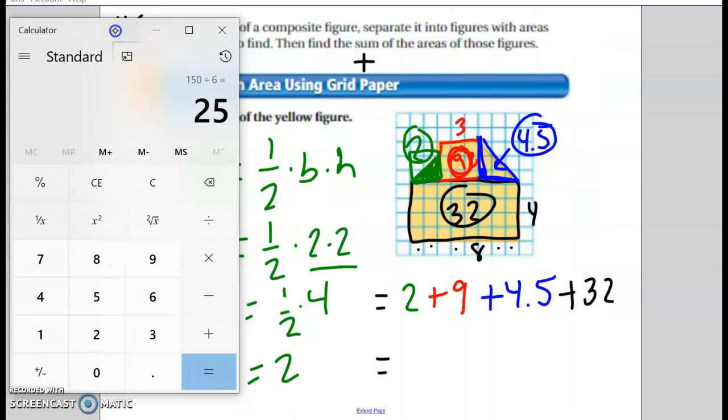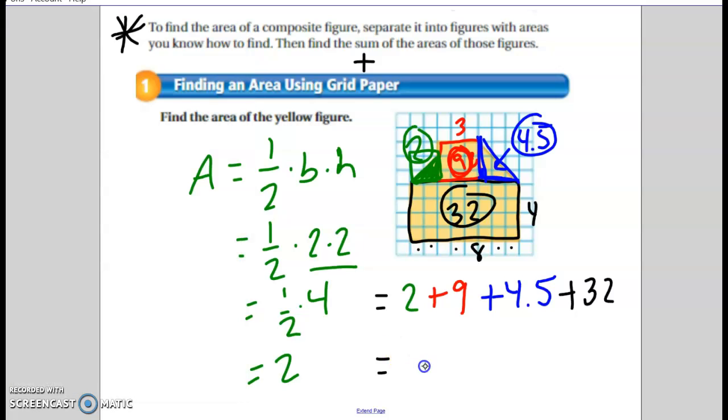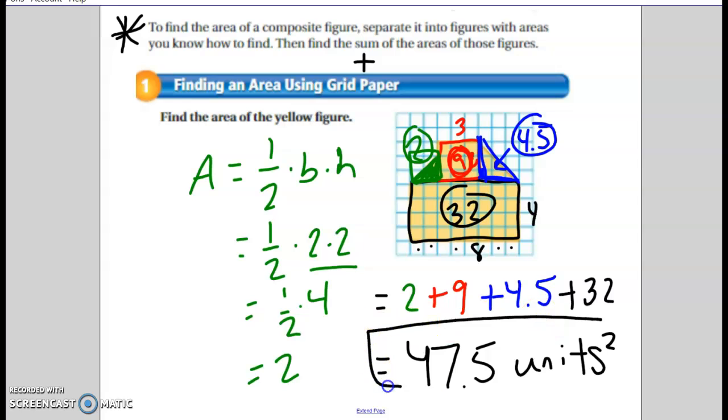So I'm going to just use a calculator for this. 2 plus 9 plus 4.5 plus 32 is 47.5. The area of this composite shape is 47.5 square units. Units squared, because we're just talking about these units.